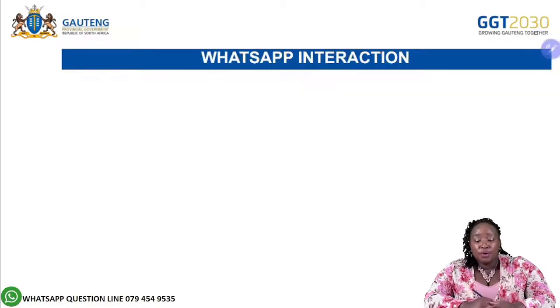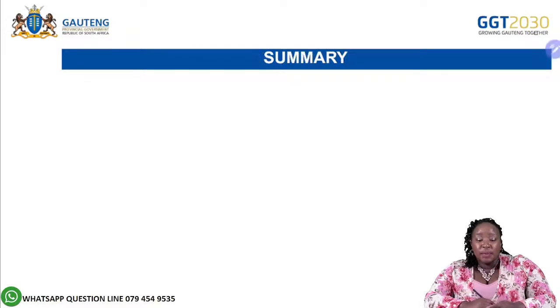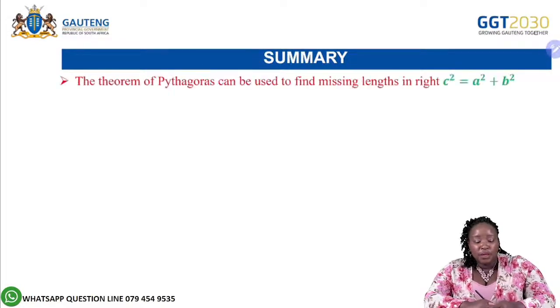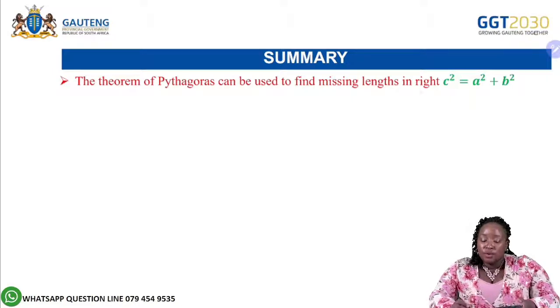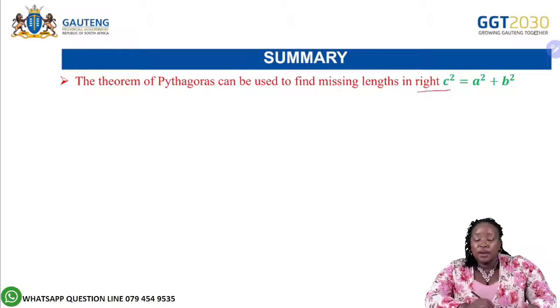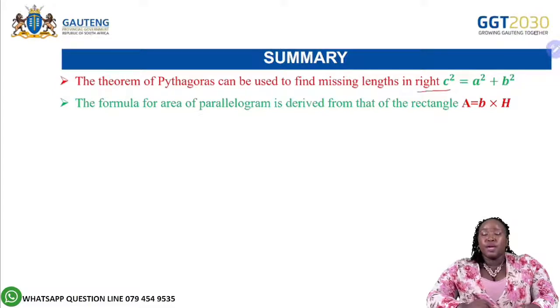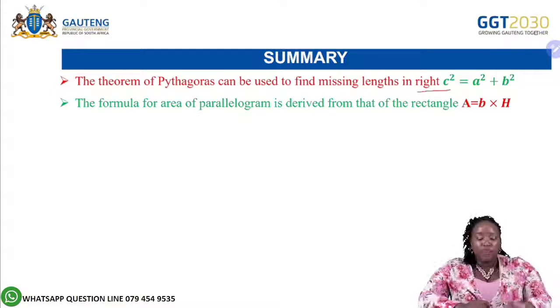So we are now going to look at our summary quickly. All right, the theorem of Pythagoras can be used to find the lengths that are missing in a right angle triangle, right? So we use c squared is equal to a squared plus b squared. The formula for area of a parallelogram comes from that of a rectangle, right?